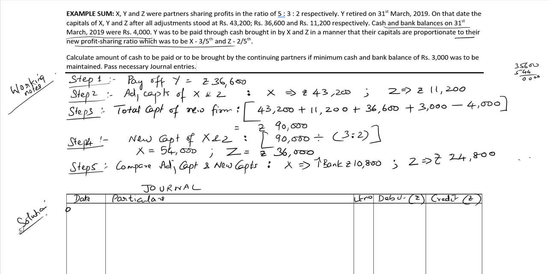The date of retirement of partner Y, 1st April 2019. Journal entry for paying off partner Y. Y capital account, debit to bank account. Amount paid to Y is 36,600 rupees.